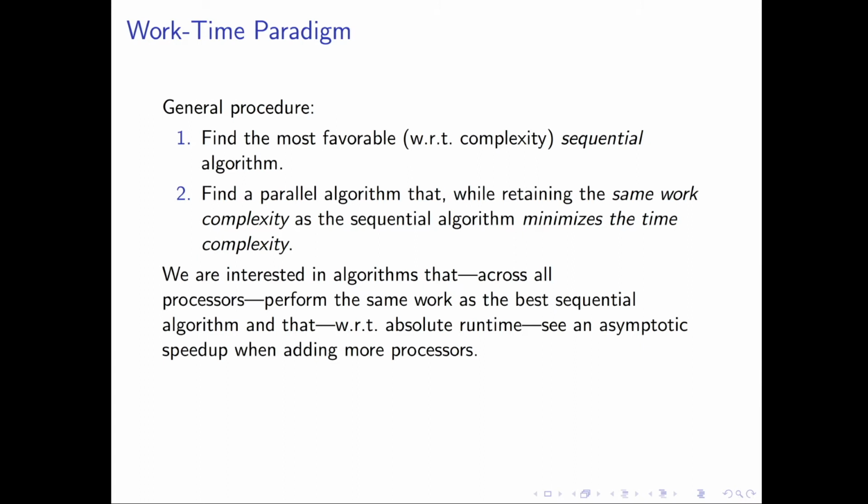This is the same thing that we discussed when we talked about costs and parallel efficiency, and we're now incorporating that into the machine model. So we have a machine model that allows us, across all processors, to perform the same work but in less time.